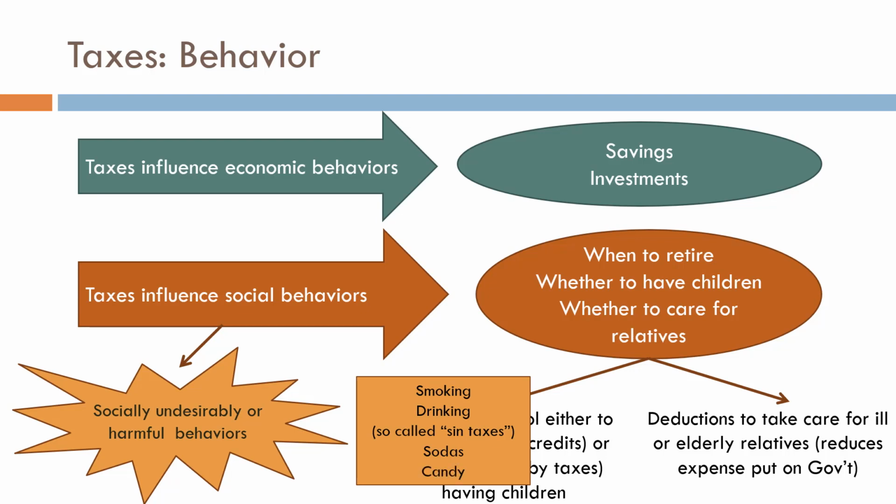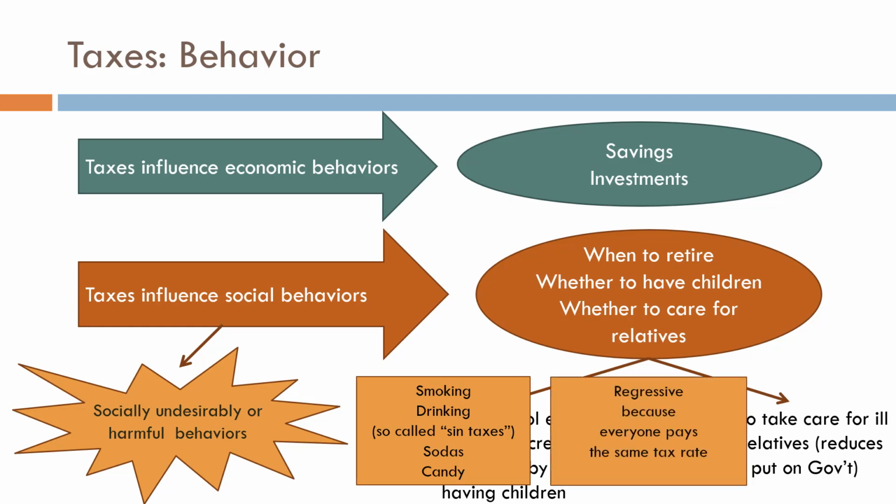One key factor to keep in mind in terms of these taxes on socially undesirable and harmful behaviors is that they are regressive because everyone is paying the same tax rate.